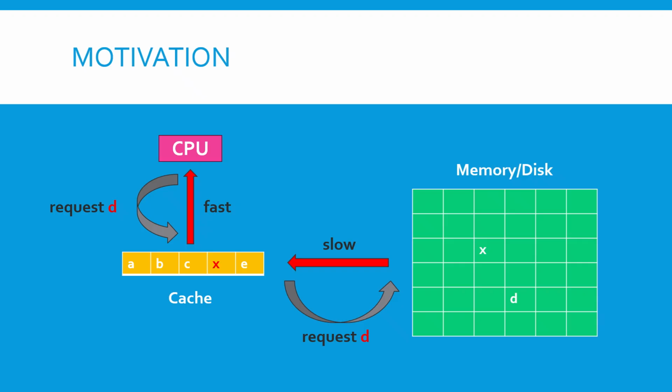Note that the eviction policy directly affects the cache miss rate. For example, after evicting data item D, the CPU may soon request D, causing another cache miss. If we had evicted data item A instead, that cache miss would not occur.